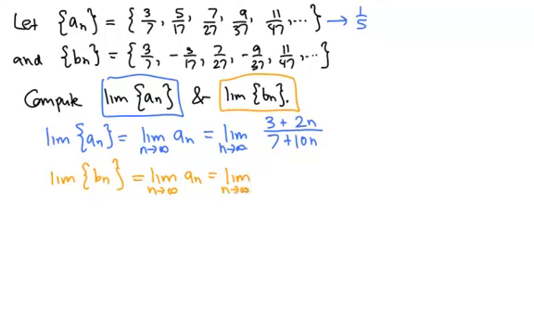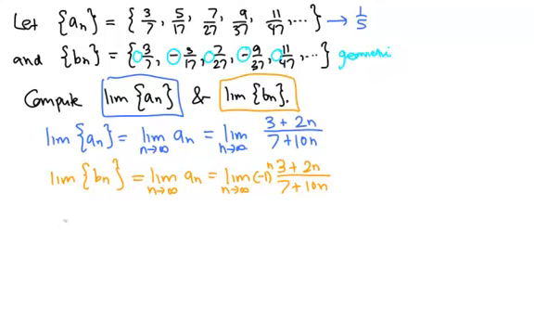The idea of the sequence is it has all of the same numbers as the sequence an, so the fractions will still be the same thing: 3 plus 2n over 7 plus 10n. The only thing that's different now is that you have this additional sign changer. The easiest way to get something that just goes plus minus is to take -1 and raise it to the nth power. It's just a geometric sequence, starting at 1 and going up by -1 each time. And so now we've got a formula for the second piece.